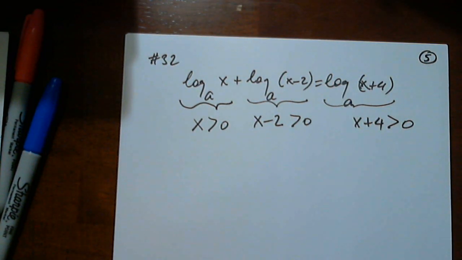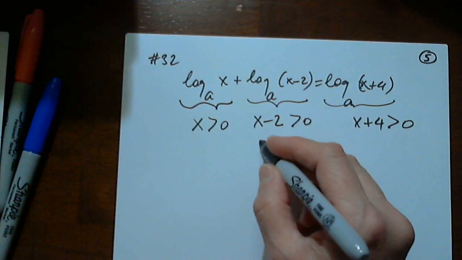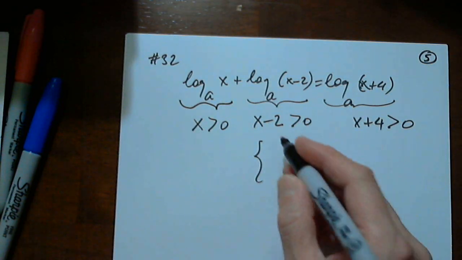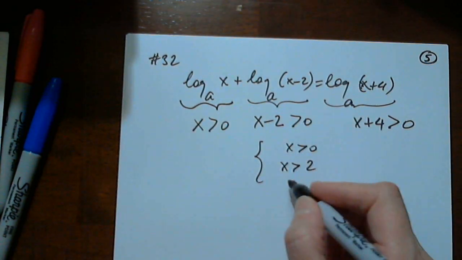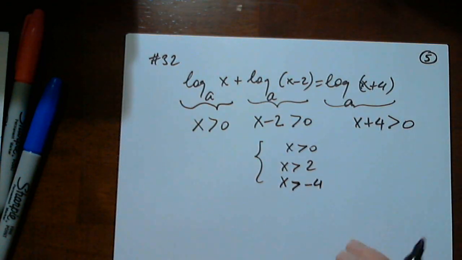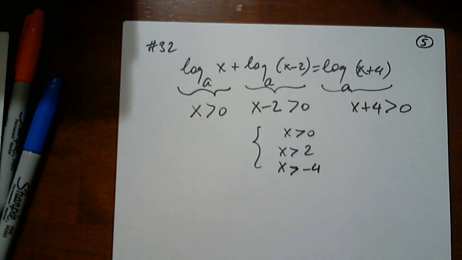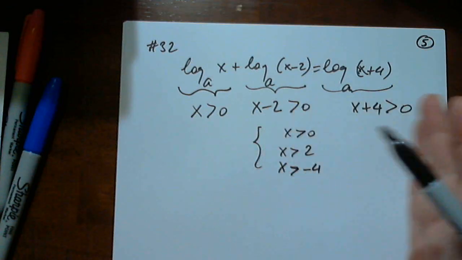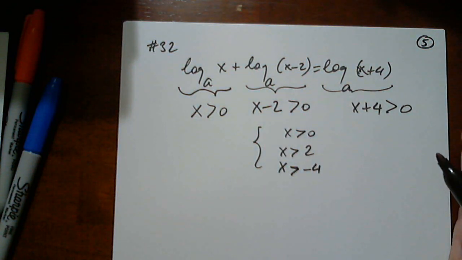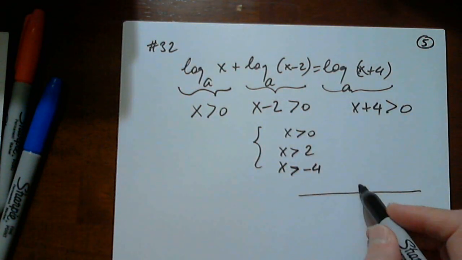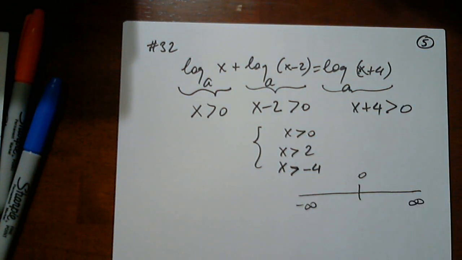Perfect. Everything you said was perfect. Not 0 or negative. Excellent. Good. So then I have 3 restrictions: x greater than 0, greater than 2, greater than -4. So let's graph just to see which one to pick.